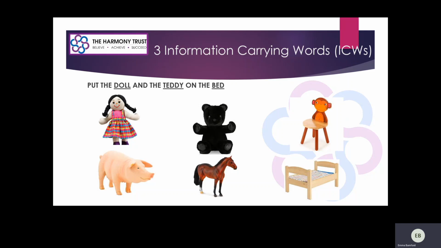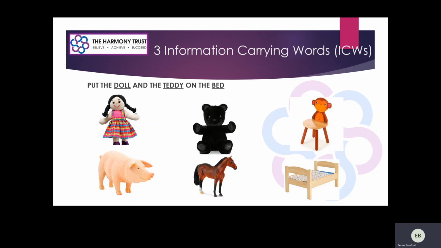So now for the instruction, put the doll and the teddy on the bed. There are 3 words that carry essential information for the child to understand. So the instruction is a 3 information carrying word instruction. And we would expect a typically developing 3-year-old to be able to understand these instructions.